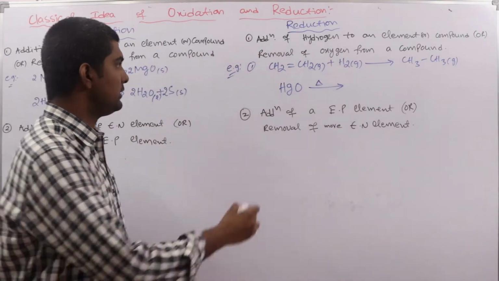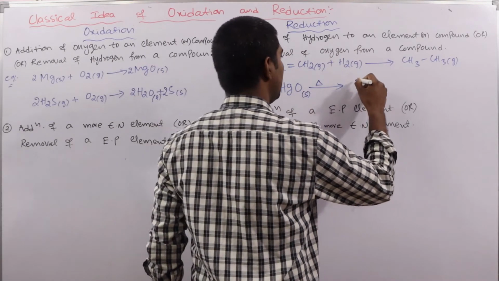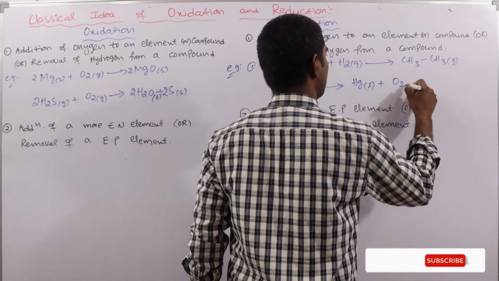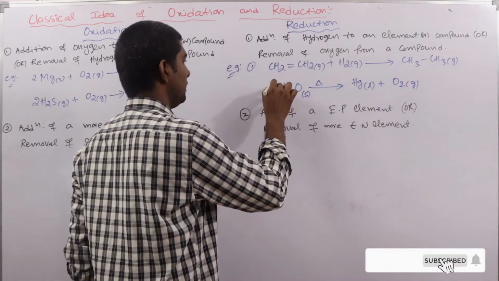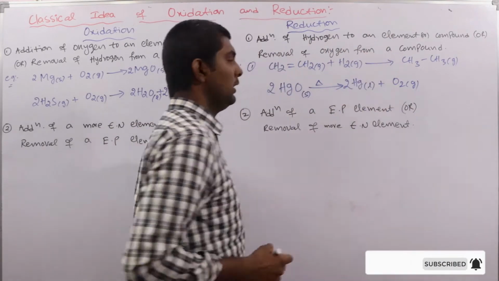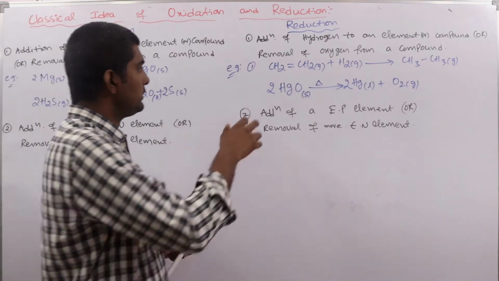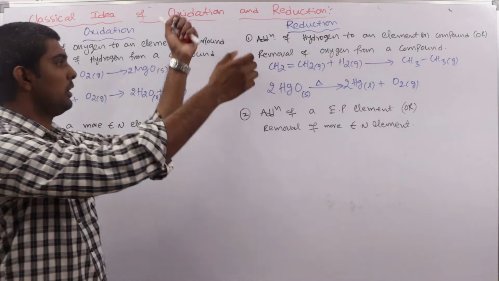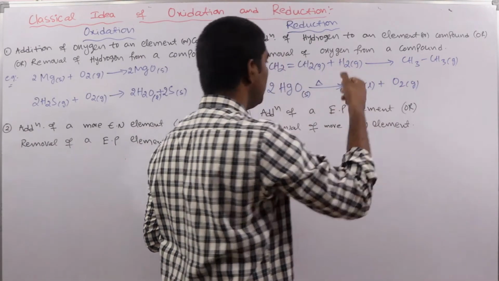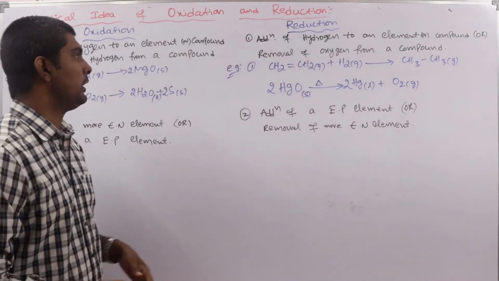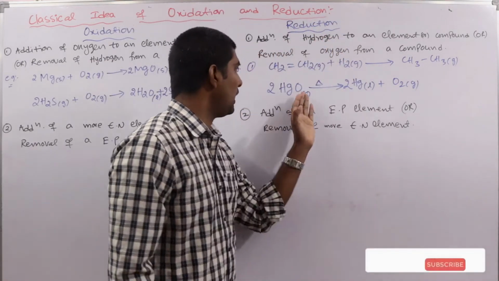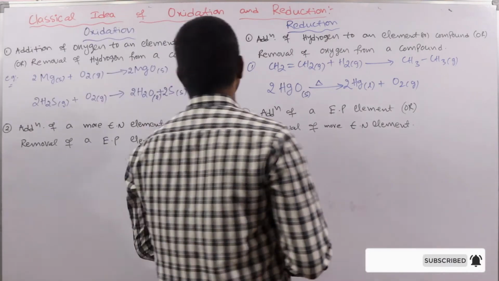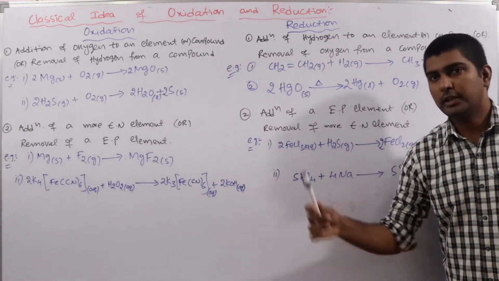When we heat this HgO, mercuric oxide, we get mercury and oxygen; if you take 2 moles, we get it like this. Here, oxygen is removed from this compound, so that's why it is reduction. So addition of hydrogen or removal of oxygen is called reduction. Clear? Very simple. Now let us see the second one.